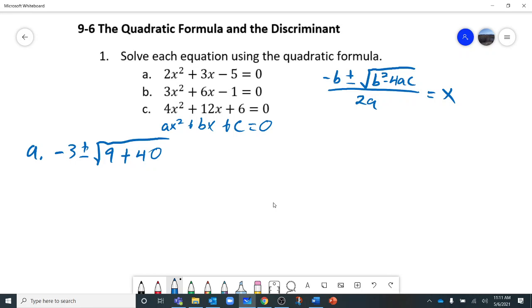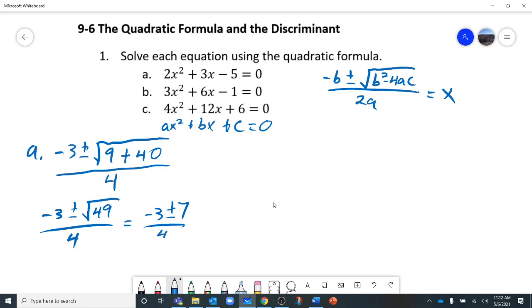Okay, so 9 plus 40, all divided by 2 times a, 2 times 2 is 2, so that's 4. 9 plus 40 is 49. So we got negative 3 plus or minus the square root of 49, which is nice because that's a perfect square, over 4, which gives us negative 3 plus or minus 7 over 4.